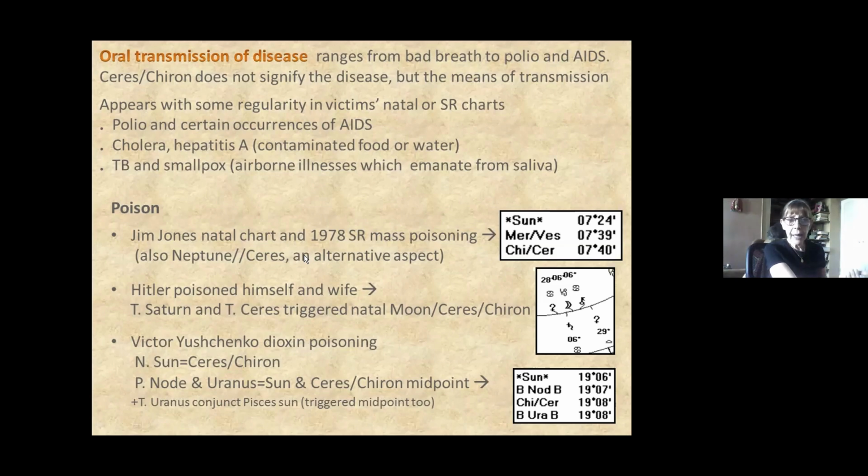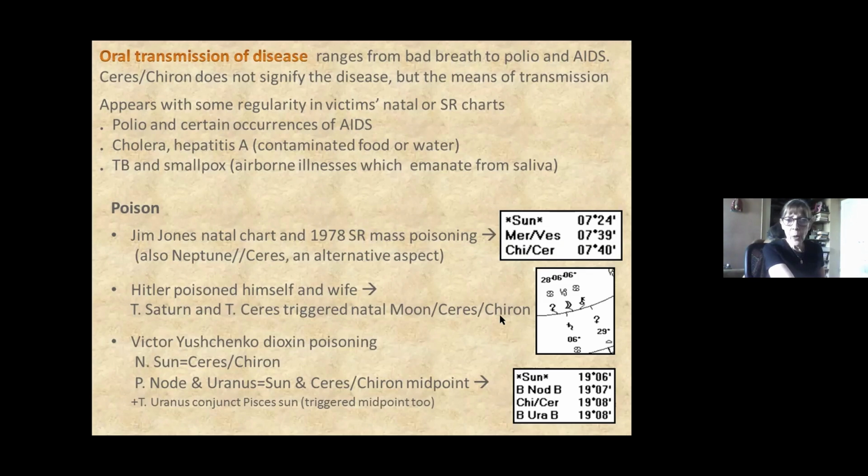But it also showed up in the 1978 solar return when, I think this is the solar return. So he had it in the natal chart and it showed up in his solar return when all of those people drank the Kool-Aid. Now, he also had Neptune Ceres, which is an alternative picture for poison. Not that you're going to need these pictures, hopefully, but that is an alternative picture.